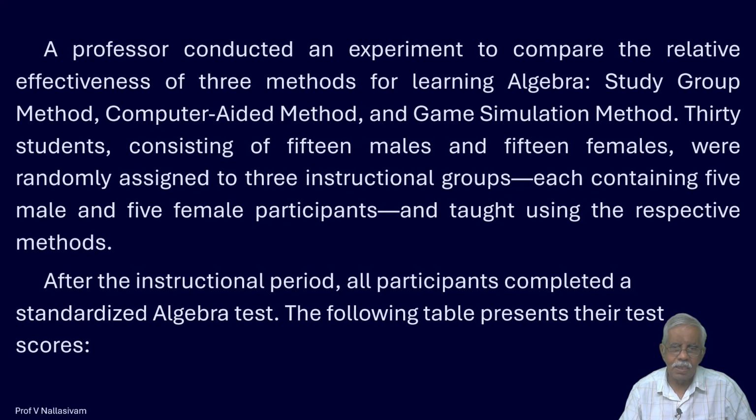A professor conducted an experiment to compare the relative effectiveness of three methods for learning algebra: study group method, computer aided method, and game simulation method. 30 students consisting of 15 males and 15 females were randomly assigned to three instructional groups, each containing 5 male and 5 female participants, and taught using the respective methods.